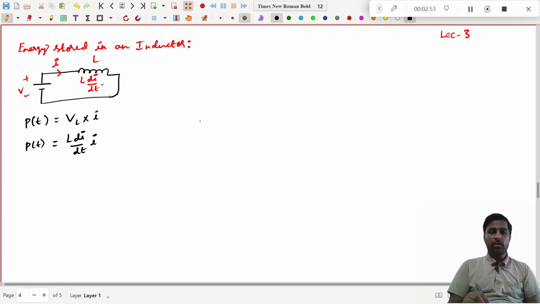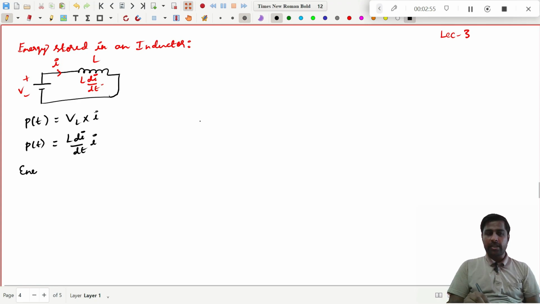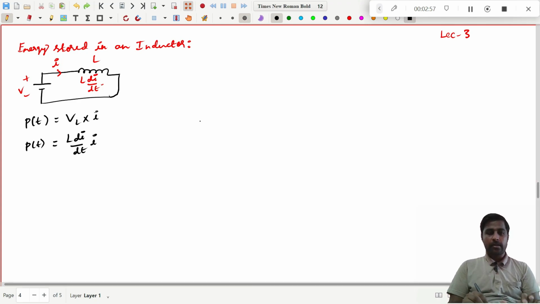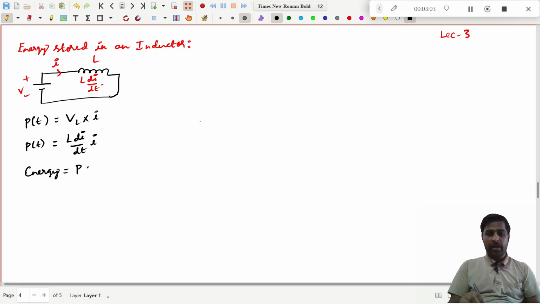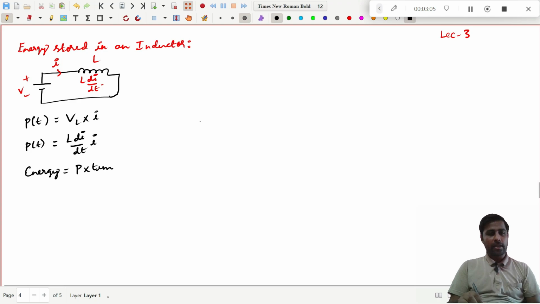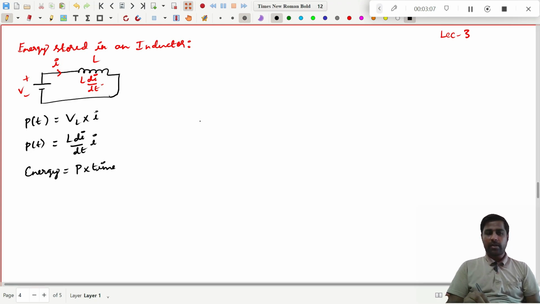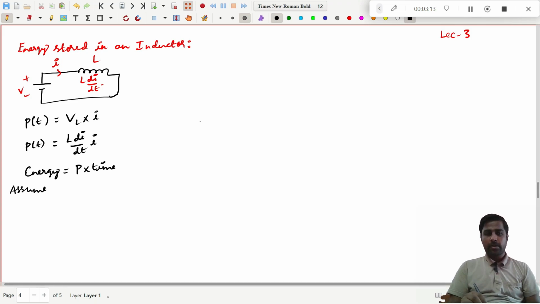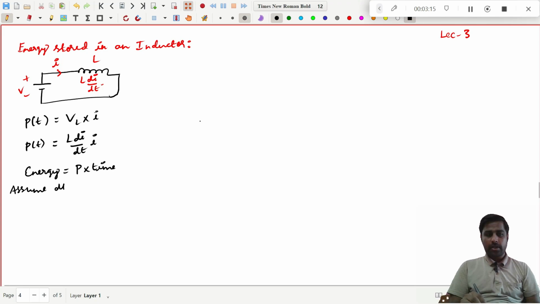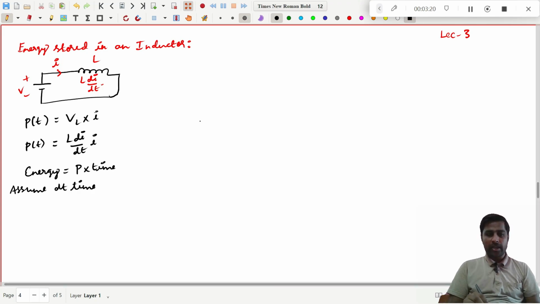And if I want to find the energy, energy will be equal to power into time, right? Power into time. I'm assuming a small amount of time, dt. So how can I write this?